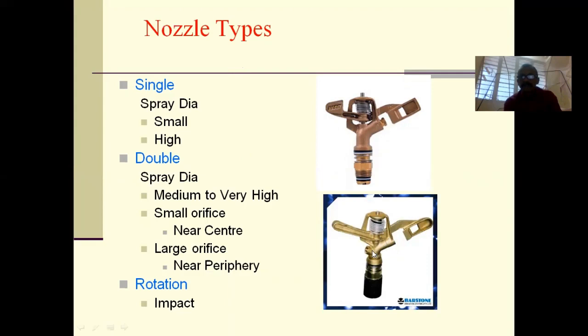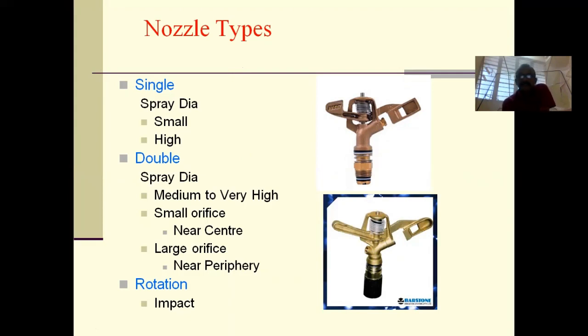This is a double nozzle sprinkler. You see here you have one nozzle here and another nozzle here. This is a smaller nozzle and this is a larger nozzle. This smaller nozzle will cover inner areas of the circle and this larger nozzle will cover peripheral areas of the wetted circle.